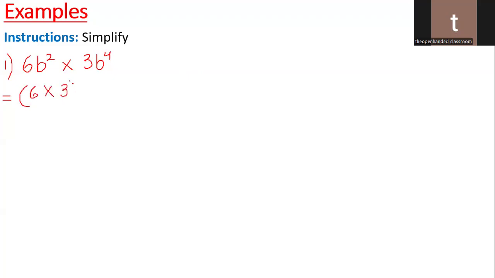That's the first thing we're going to do. And then the next thing we're going to do is multiply the variables. So we have b to the power of 2 multiplied by b to the power of 4.